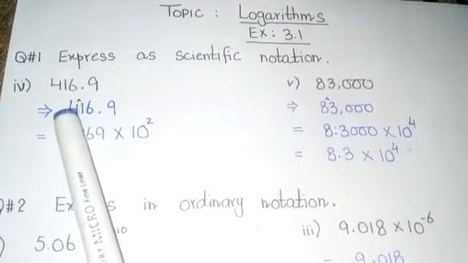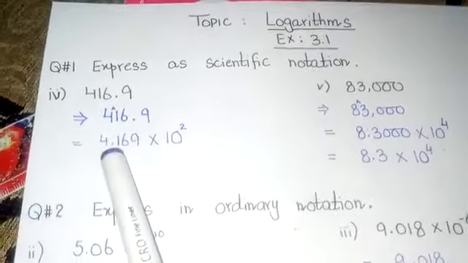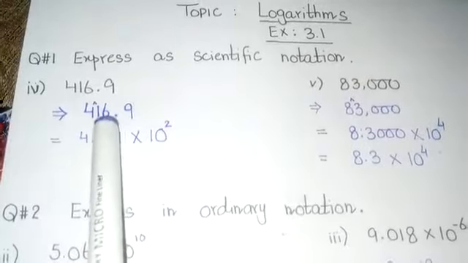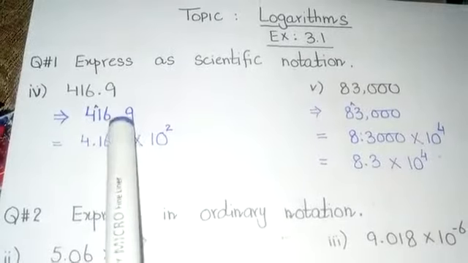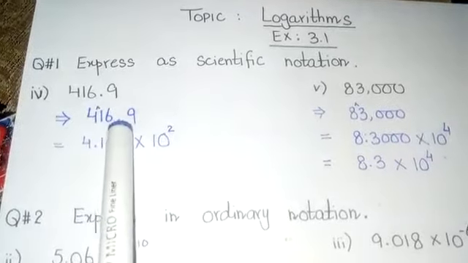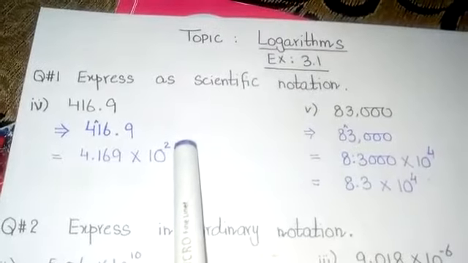So we will write 4.169. Here you can see 4.169 into 10 raised to power. How many digits have we moved? We have moved this point 2 digits, 6 and 1. We are shifting this point by 2 digits, so it will become 10 raised to power 2.